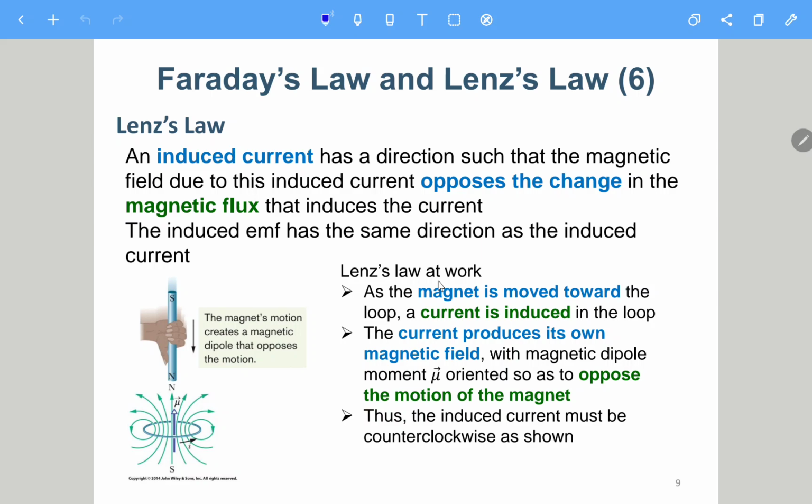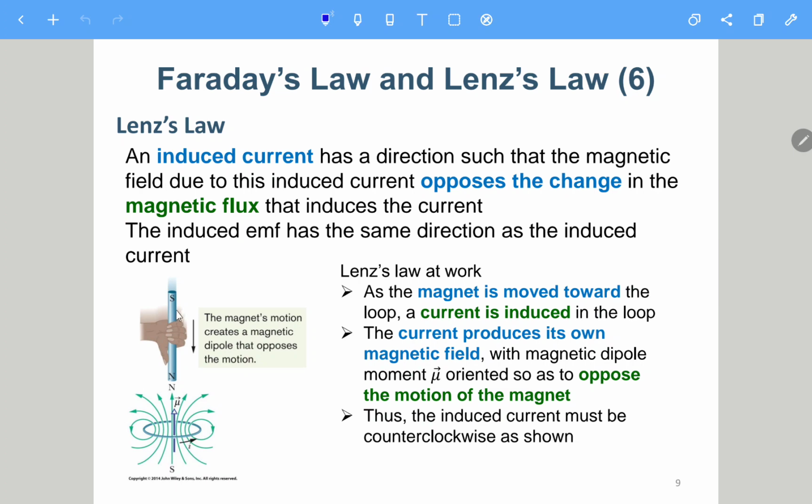Here it says Lenz's law at work: as the magnet is moved toward the loop, a current is induced in the loop, and the current produces its own magnetic field with the magnet dipole moment oriented so as to oppose the motion of the magnet. If you put the magnet bar initially far away, the magnetic field across this cross section will be very small, so you approximate it to be 0.